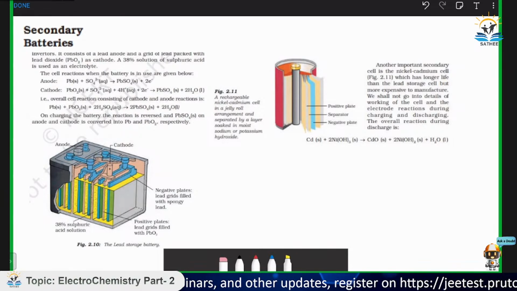Nickel cadmium cell is more expensive than lead storage cell. Your cadmium plate serves as anode, your nickel plate serves as cathode. Around them, the plates are covered with cadmium and nickel hydroxide.